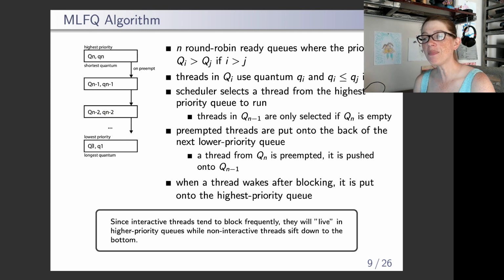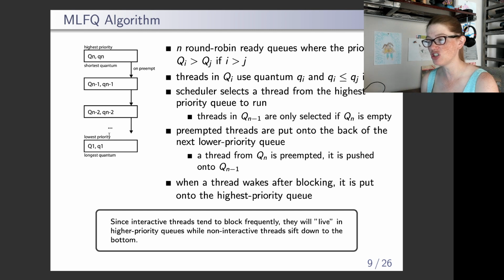What happens if a high priority queue thread arrives, a brand new thread, because every thread is going to start out in Qn, or let's say a thread becomes unblocked, so it's going to jump into Qn. Does that higher priority thread have to wait for the low priority thread to finish?